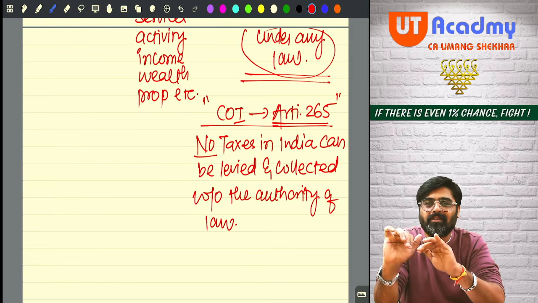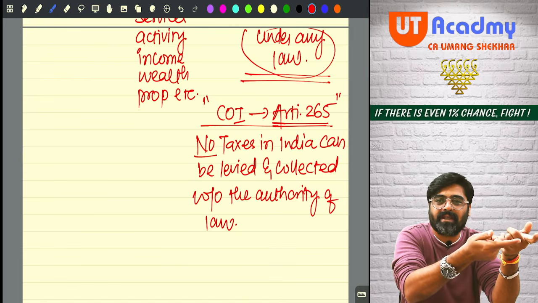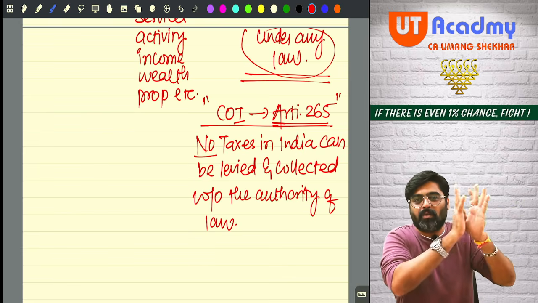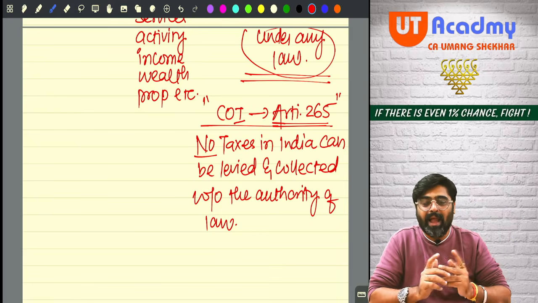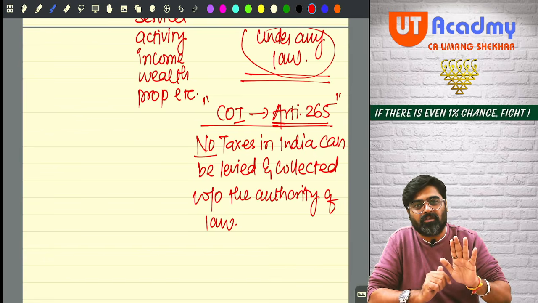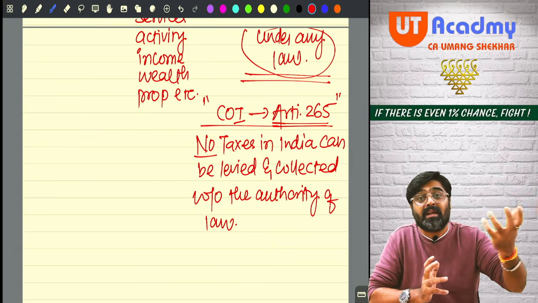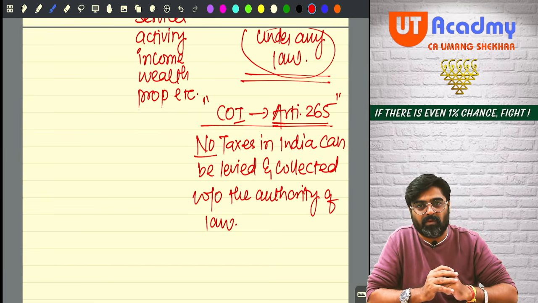Direct taxes are those taxes which are directly recovered from the taxpayer. You are going directly and paying to the government, or the government is coming directly and taking it from you. And indirect taxes are those taxes which you don't go directly and pay to the government. Rather, the government is also not coming directly to you to collect those taxes from you.